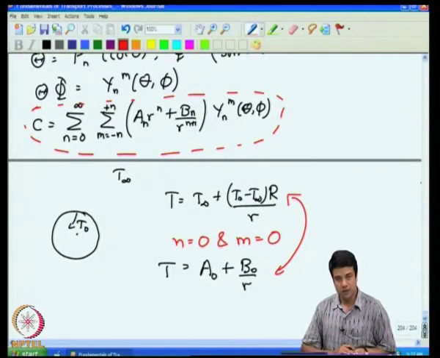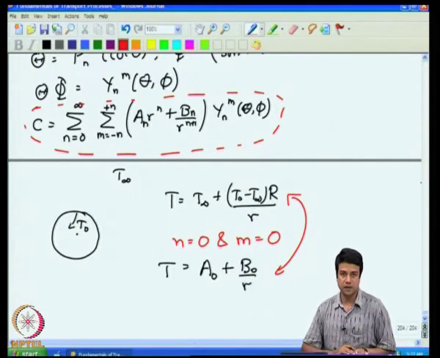So the heat conduction from a heated sphere that we did corresponds to the spherical harmonic expansion with n equal to 0, where m is by default equal to 0.